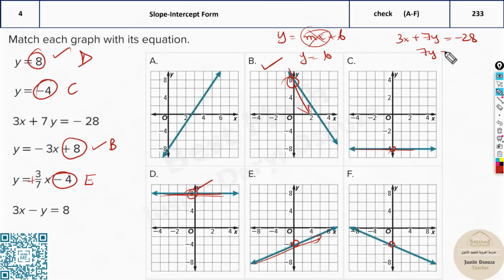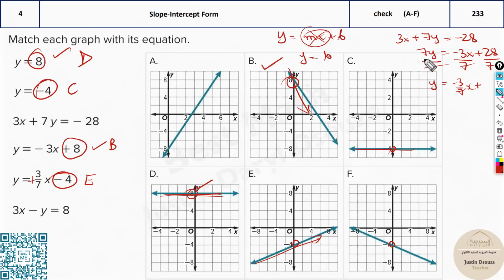It will be 7y is equal to minus 3x minus 28. Now divide all the sides by 7. So it will be y is equal to minus 3 by 7 x, and 28 divided by 7 would be... Now, if you're getting confused by this division, just divide all the terms by 7. That is also true.